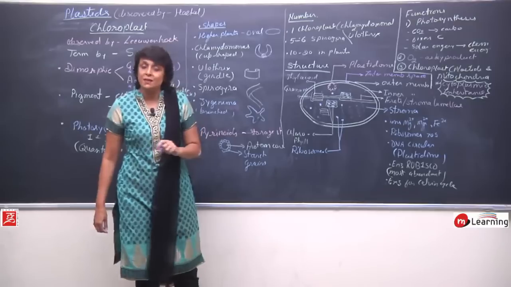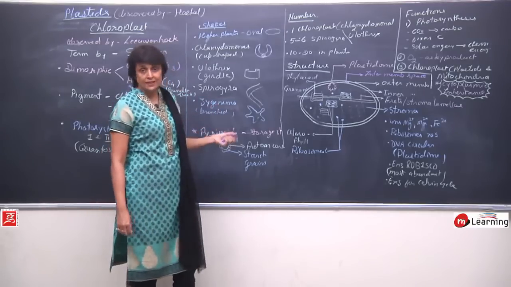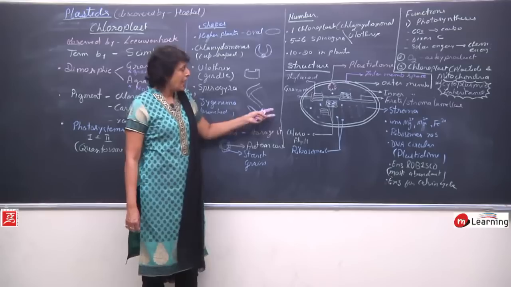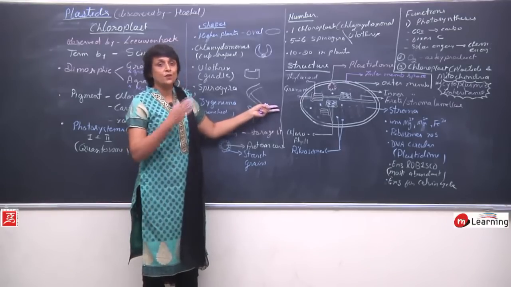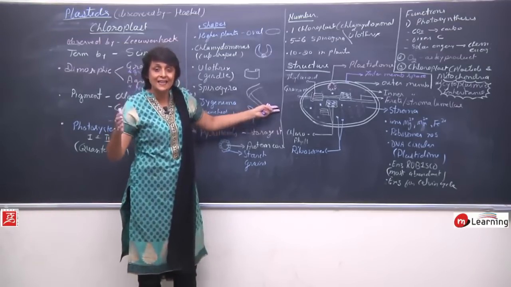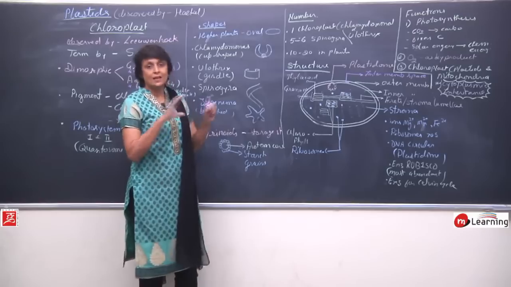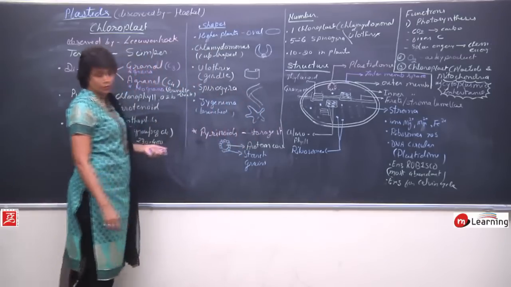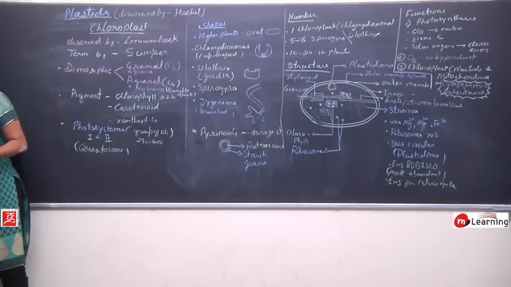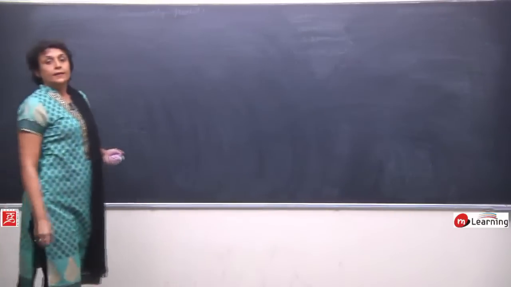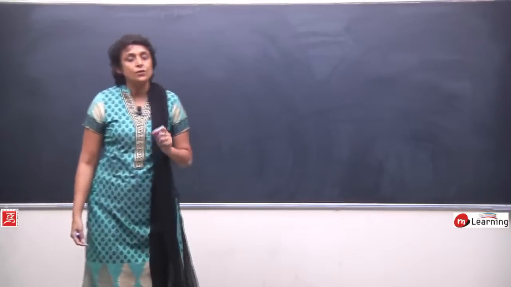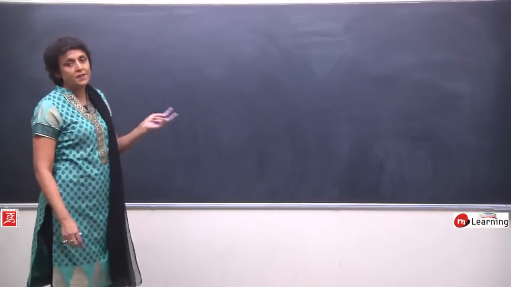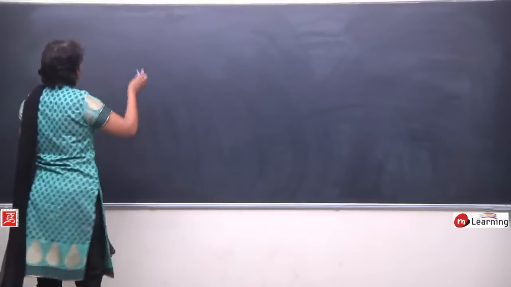There are certain similarities which we find between chloroplast and mitochondria, and we also find similarities between chloroplast, mitochondria and prokaryotes. So let us compare these three things and see what all things are similar in those. Let us talk about the similarities now. Similarities between chloroplast and mitochondria first, and then we will compare it with prokaryotes also.